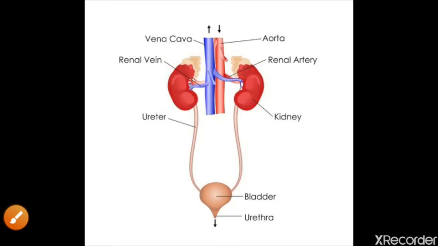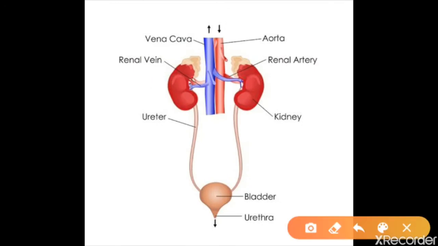So here, from the main aorta the blood enters and passes to both kidneys. The kidney filters that blood, and after filtration the pure blood is sent to the veins and again to the body, but the impure things are transferred through the ureter to the urinary bladder.